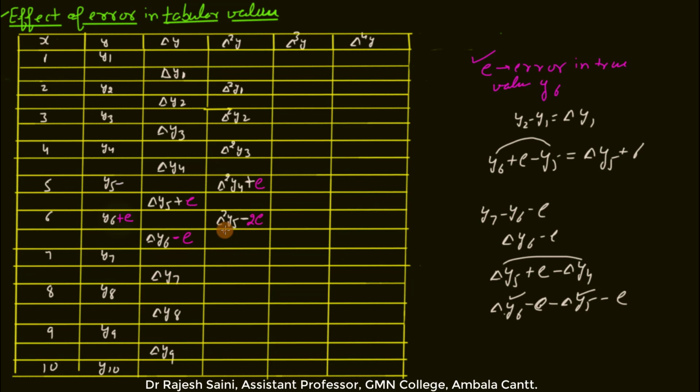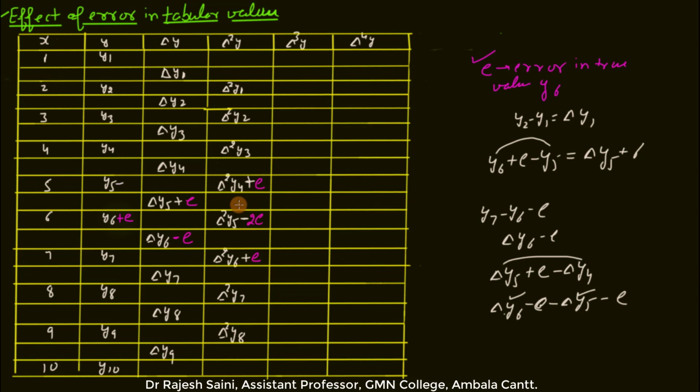Next will be delta y7 minus delta y6 plus e, so delta square y6 plus e. Fine. Similarly, it will be delta square y7, and delta square y8.